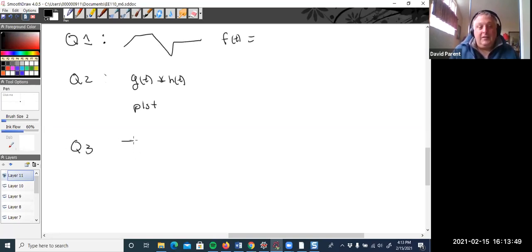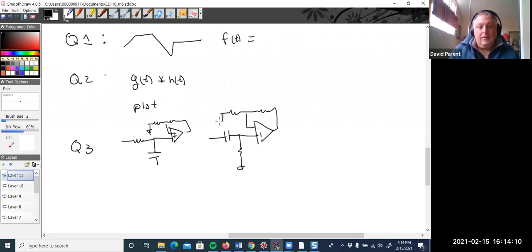Question 3, is this or this, and you have to find the transfer function, which we started today, right?